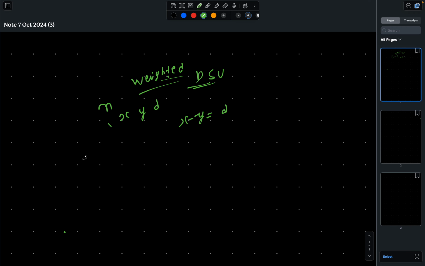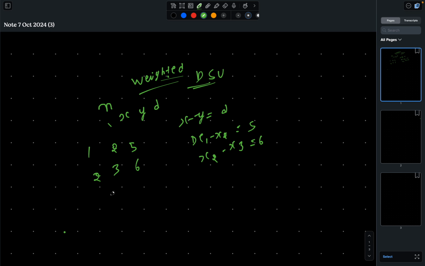So there can be many queries. For example, x1 minus x2 is 5, and x2 minus x3 is 6. Now see how using these two we can also calculate x1 minus x3.